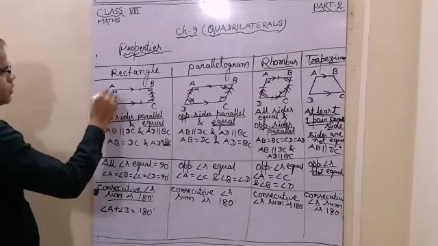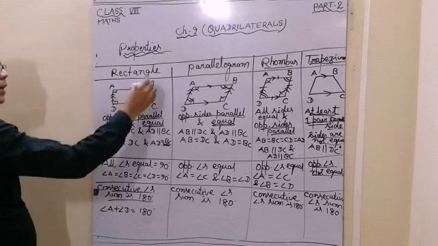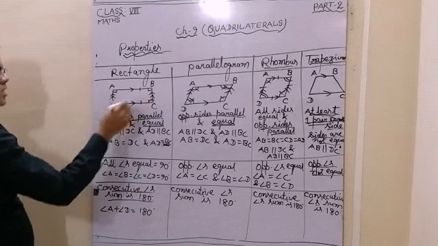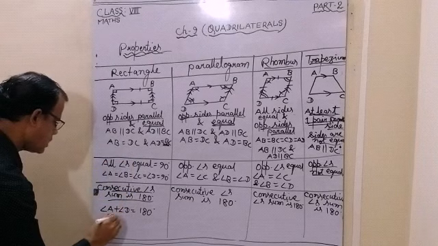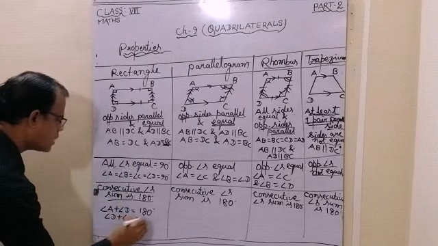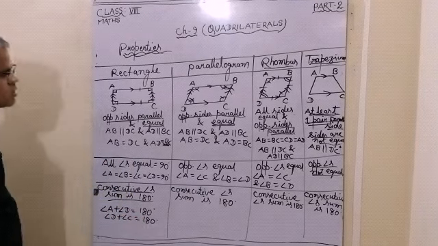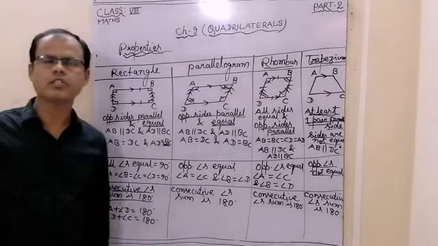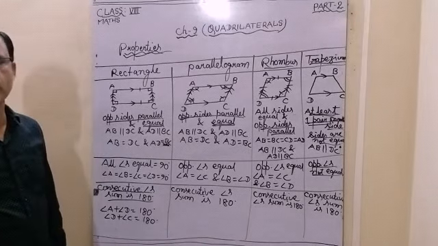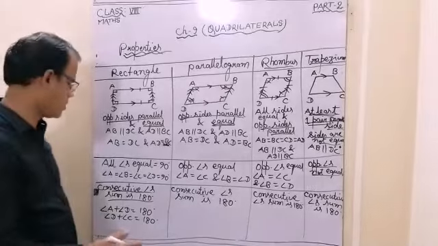Or if this line AD parallel BC and DC is transversal, so angle D plus angle C equal to 180 degrees also. This is also known as co-interior angles or angles on the same side of transversal.